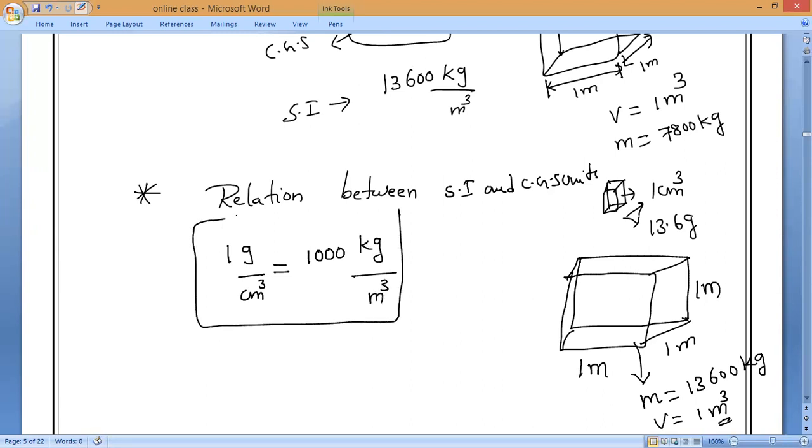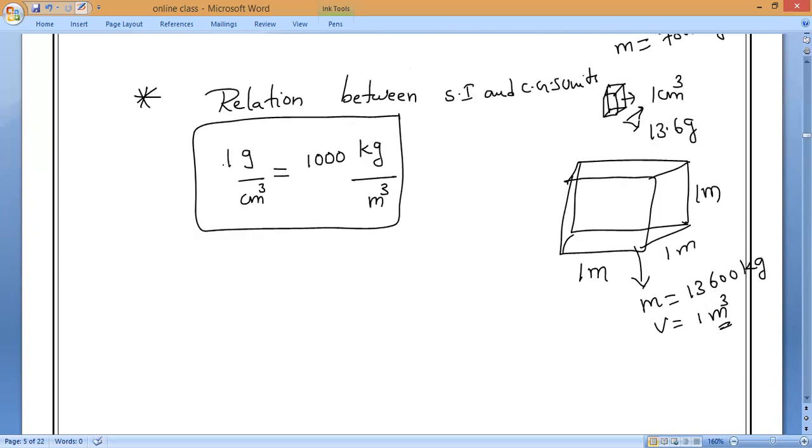That is the conversion. So when we convert from CGS to SI, you just multiply with 1,000. That's all. Now reverse, can anybody tell me? 1 kilogram per cubic meter is equal to 1 by 1000 gram per cubic centimeter.